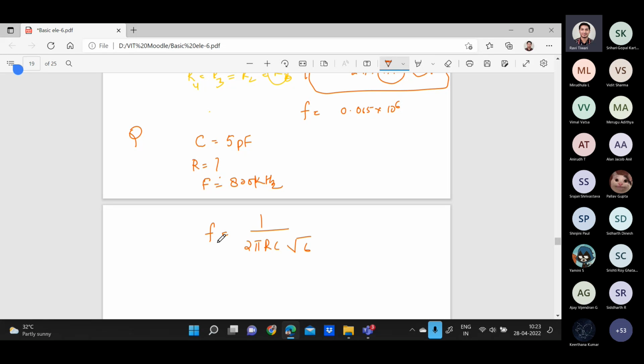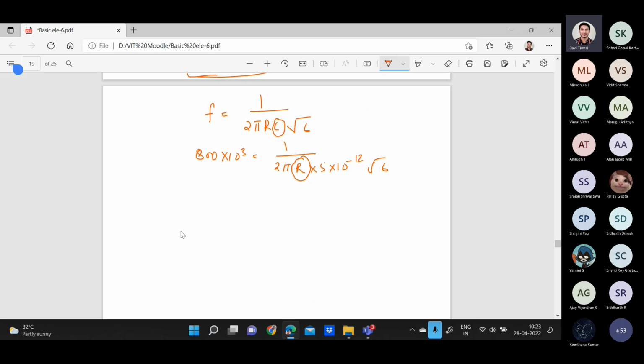They gave the oscillator frequency and the capacitor, and you have to find the value of R. So 800 into 10 raised to power 3 equals 1 by 2 pi R, with C equal to 5 into 10 raised to power minus 12, under root of 6. You can find the value of R from here. Like that, they will ask questions.